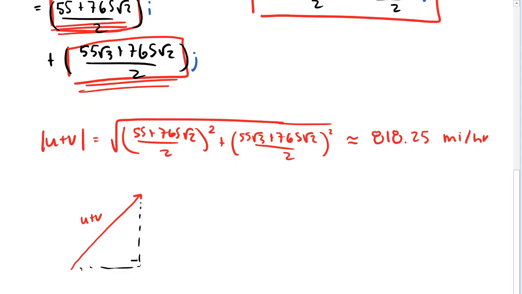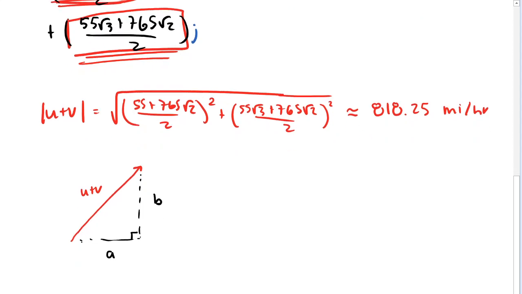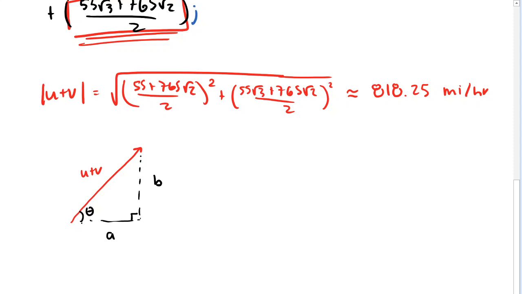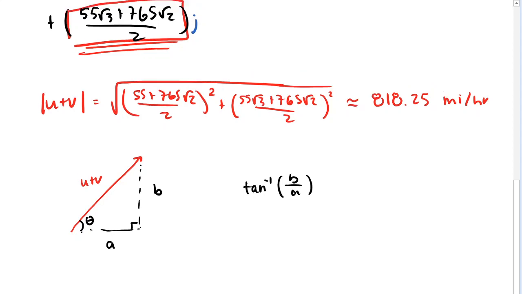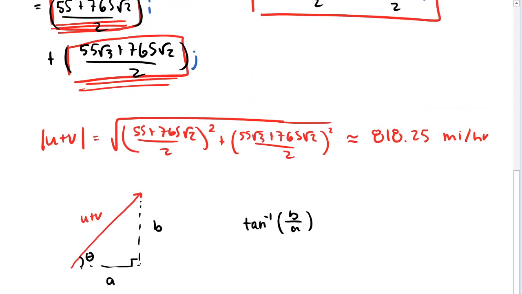We have this value here and this value here, the horizontal and vertical displacement of the plane, and we want the direction. The idea is that if we take the inverse tangent of b over a, the vertical displacement over the horizontal displacement of our vector, we'll get this angle.